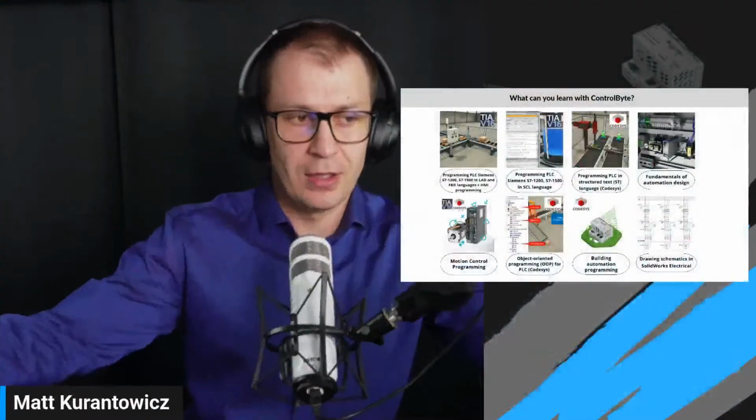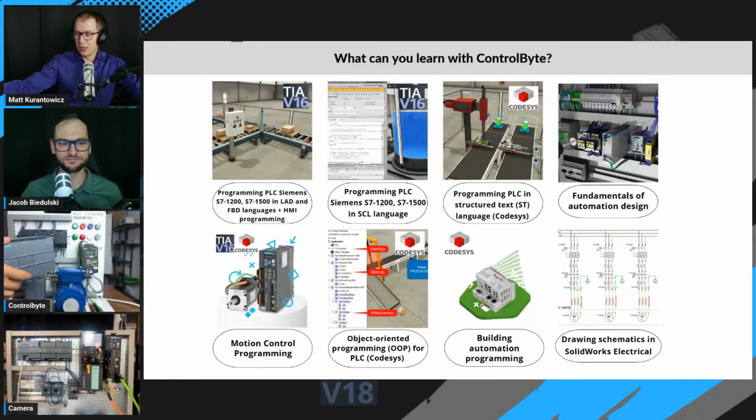That's why join our premium ladder logic programming course in Siemens software, which is TIA Portal. In our opinion, the best option is to start with that PLC and that simulator.